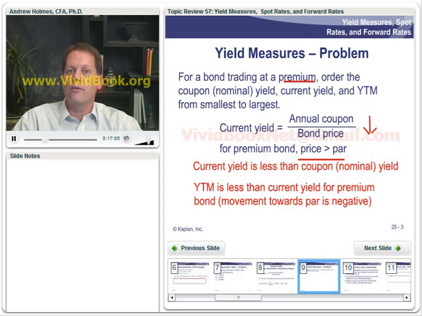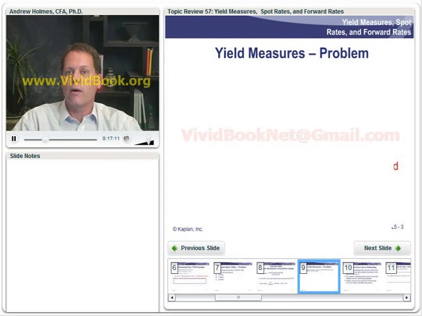So the way I think about this, and I don't think this is a very nifty graph, but think of it as, here is the coupon rate. Nope, I'm not going to call that the current yield. So this is the coupon, whatever that happens to be.